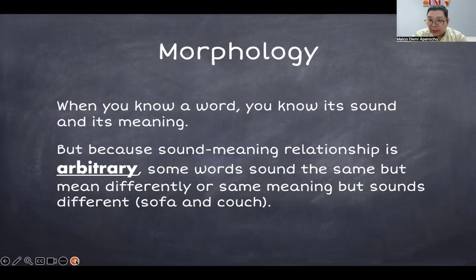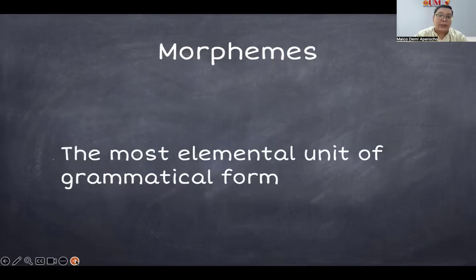This is the very reason why we need to study morphology, because when we better understand morphology, we also learn the intricacies, the smallest details of the words that we encounter. Definitely this will give us an idea as to the lexical item or the part of speech to which a specific word or lexicon belongs. So that is the importance of studying morphology.